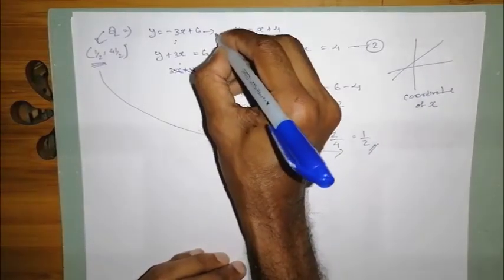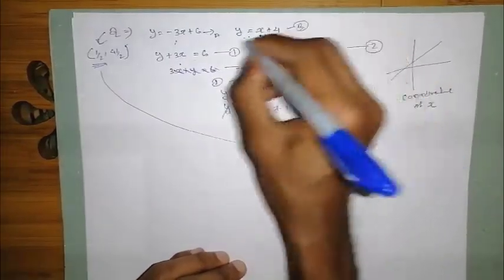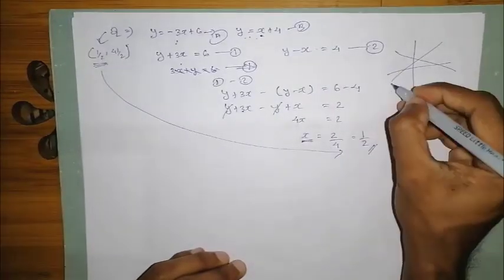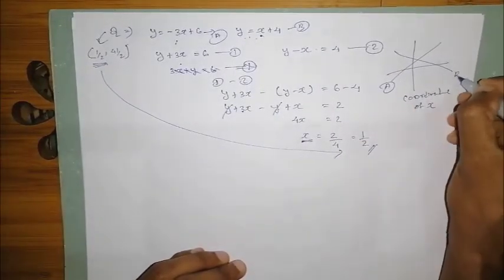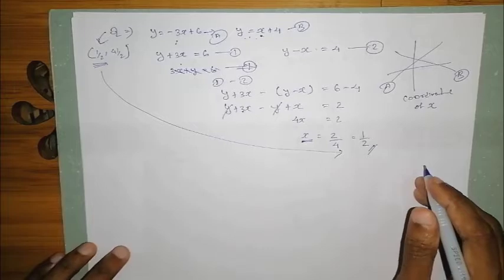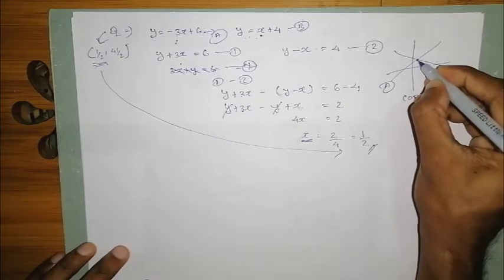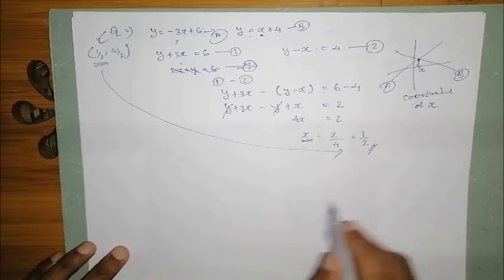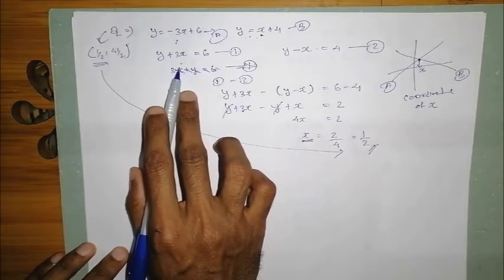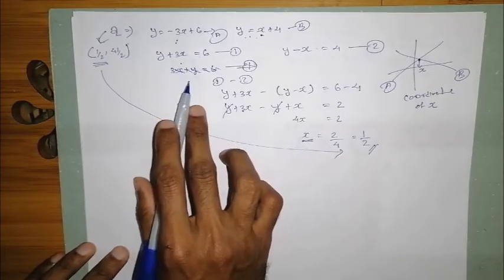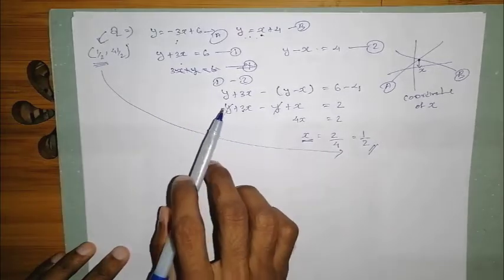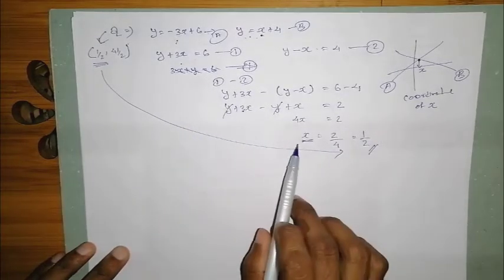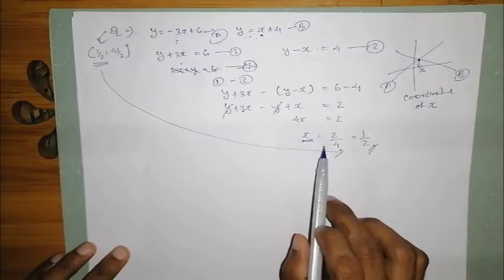We name this one A and this one B. If you draw these two linear graphs, the x coordinate of the intersecting point is the same value you get from solving this equation.